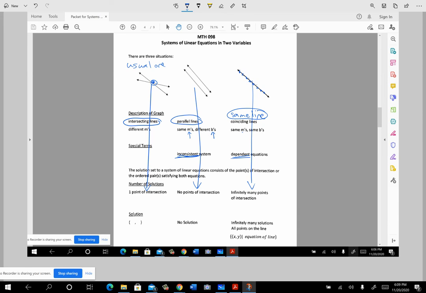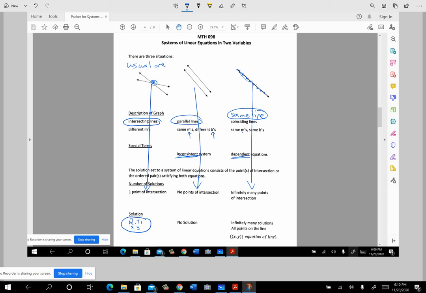One last thing I wanted you to think about is if you're actually asked to find the solution, then your job is to actually give me that ordered pair with some x and some y in it. Like the point (2, -1), for example. If they're parallel, they don't intersect. So if you were asked to solve, you would just say there's no solution.